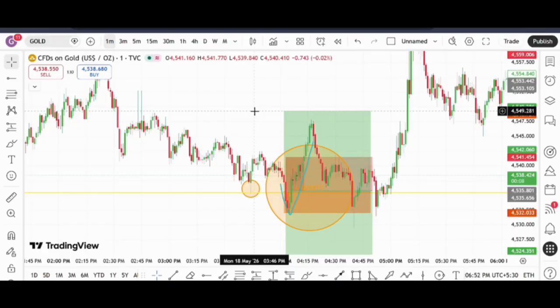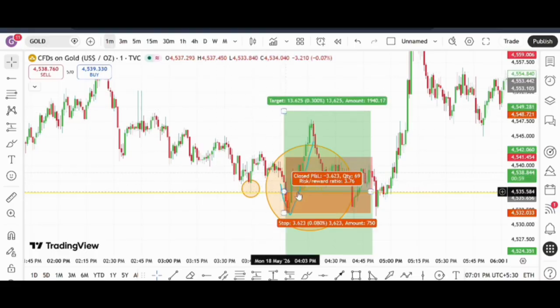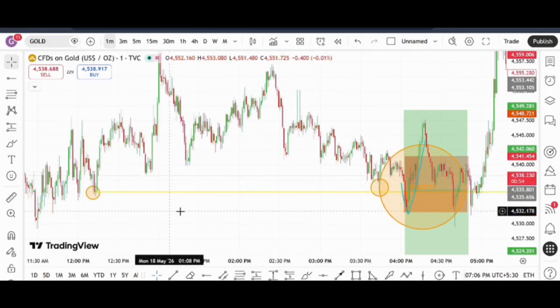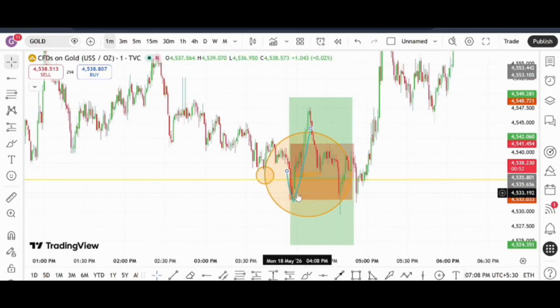Equal highs means buy side liquidity, okay, and equal lows means sell side liquidity, just like this is equal lows. We discussed here about equal lows, so this entire zone becomes sell side liquidity, okay. The market often sweeps liquidity before the real move starts. This is the main point of this video, okay? You need to note this point.